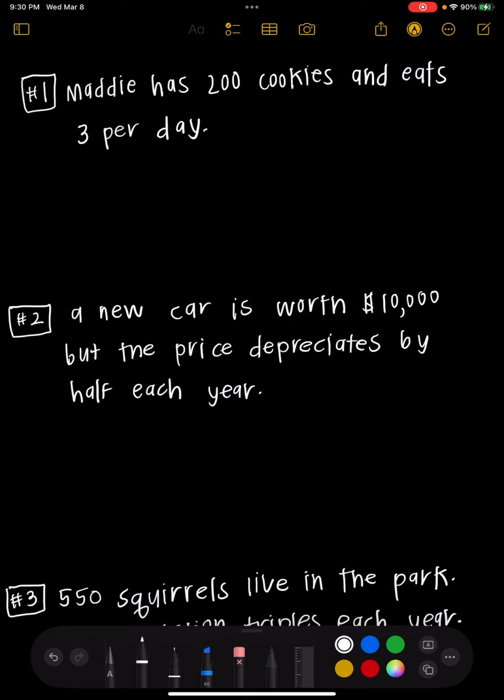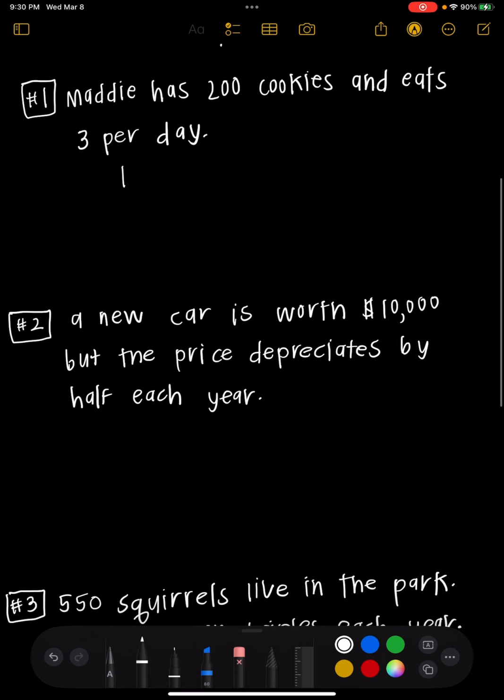So in this one, on number 1, it doesn't have any doubling or tripling, so I'm going to assume that it's linear. Let me put my marker on blue. When it's linear, we know that the formula is y is equal to mx plus b, and we actually already have this information.